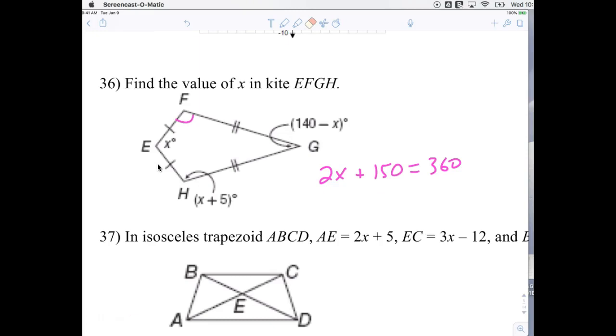Then would it be? Oh wait. I'm just adding the x's. You add the x's for me. What do I get? Do you add the numbers? You got 150, right? Set them equal to 360. Yeah, no, that's what I did right there.